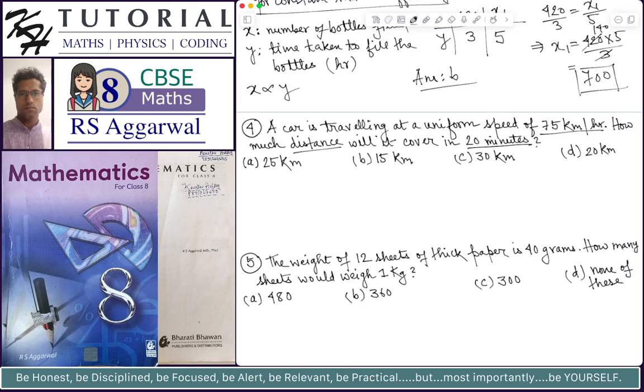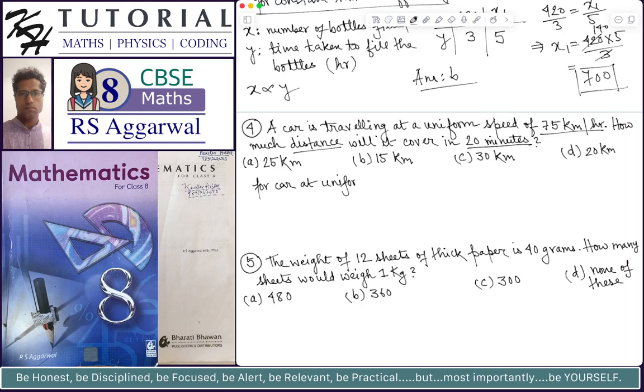So now remember that for a car at uniform speed, uniform means constant, fixed, the speed is not changing.